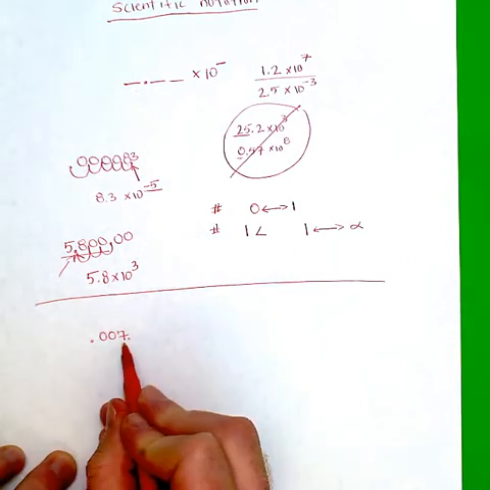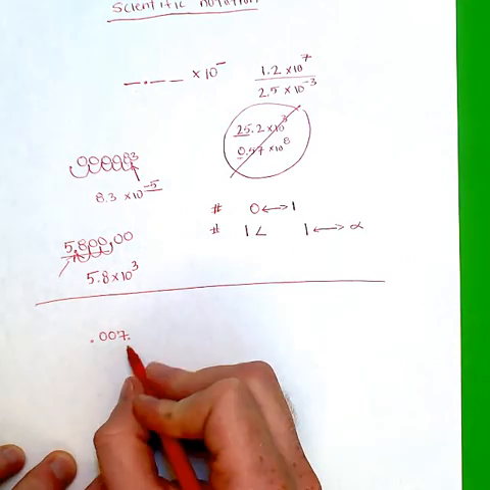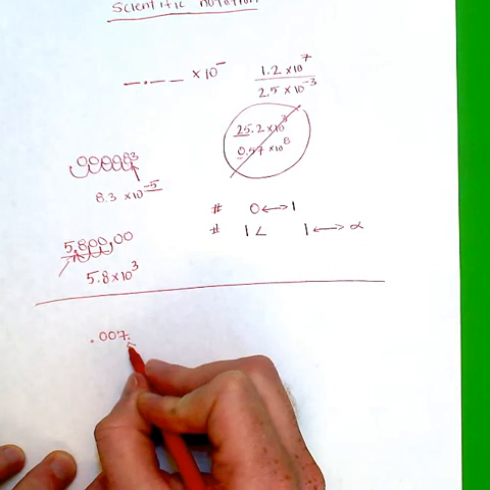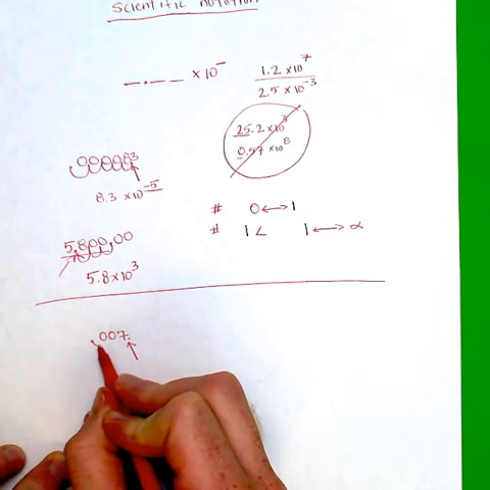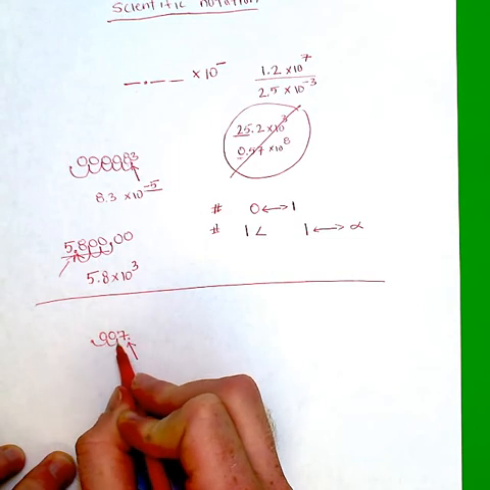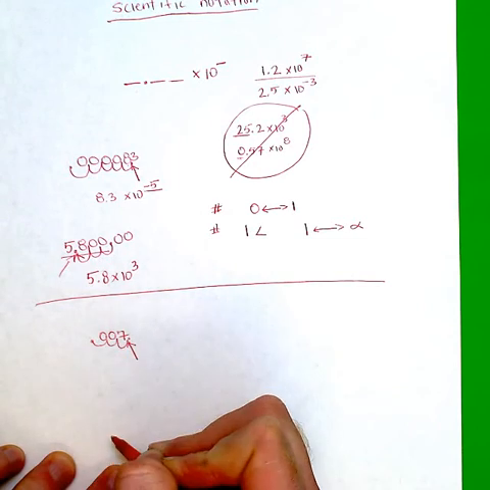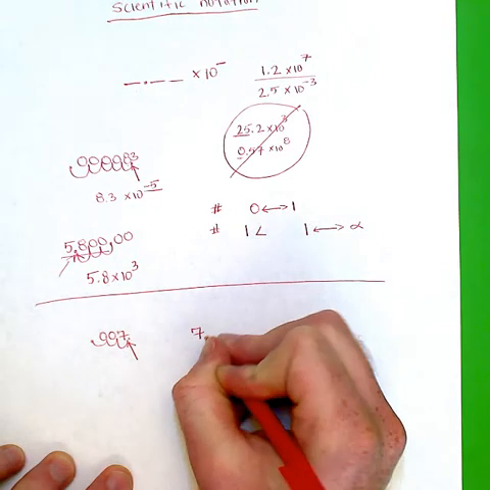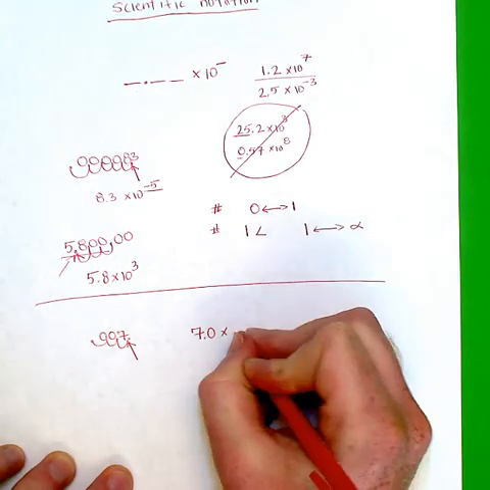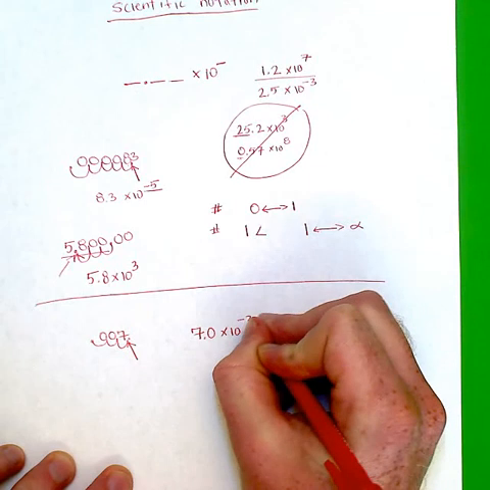And so here is our 7. So this would be where we'd want our decimal point, right here. And so we need to move our decimal point 1, 2, 3 spots. And so we'd end up with 7.0 times 10 to the minus 3.